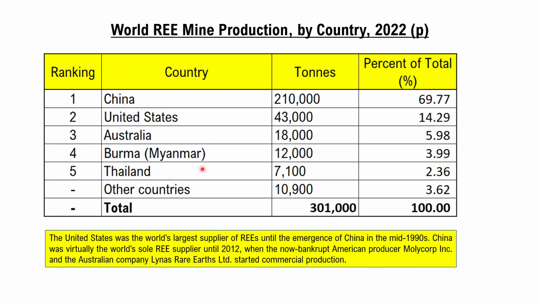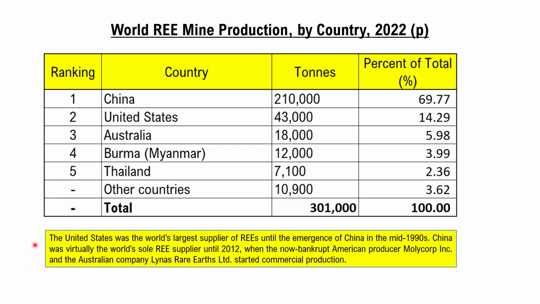And then at sixth number is Thailand, producing 7,100 tons, that is about 2.36% of the total REE mining production. The balance of 3.6%, or 10,900 tons, was produced by other countries.